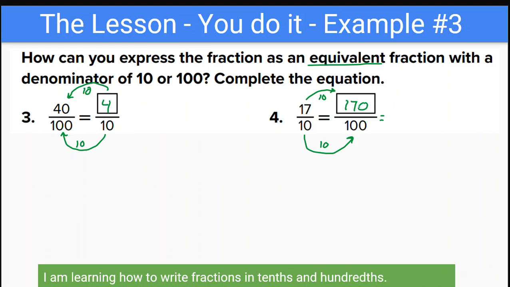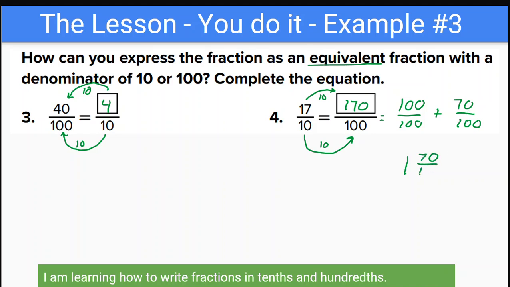We could say that 170 hundredths is the same thing as 100 hundredths and 70 hundredths. We know that 100 hundredths is 1, and 70 hundredths is 70 hundredths.